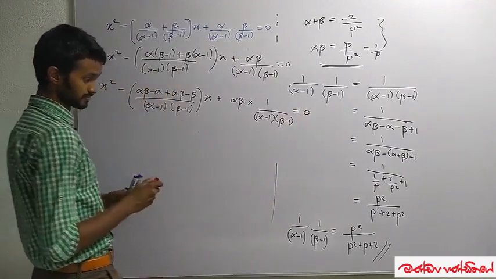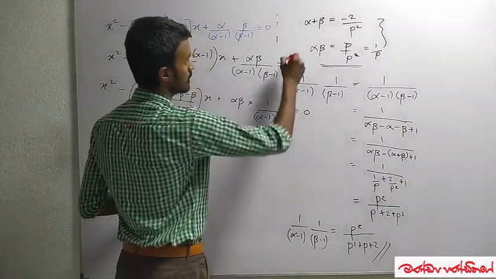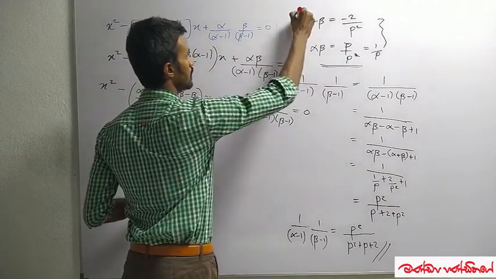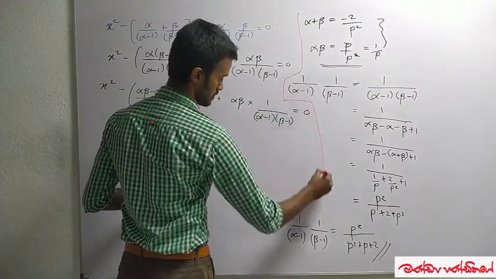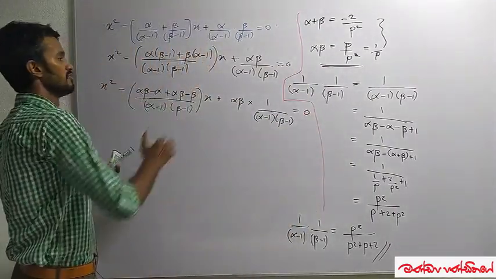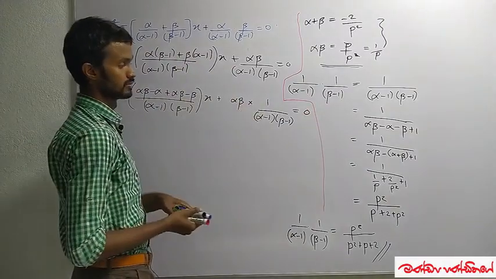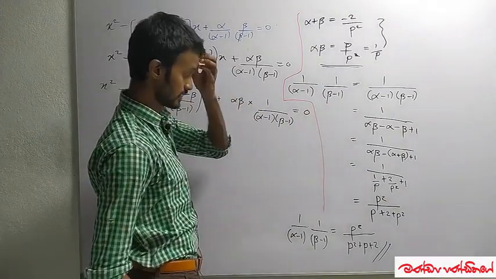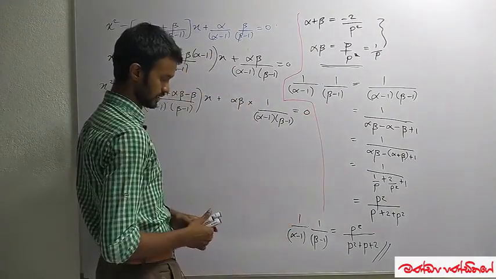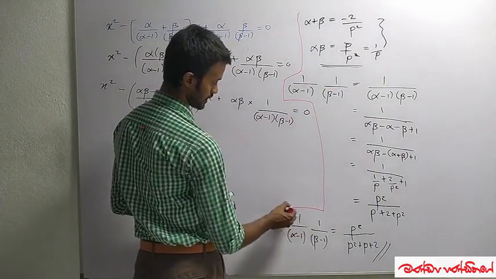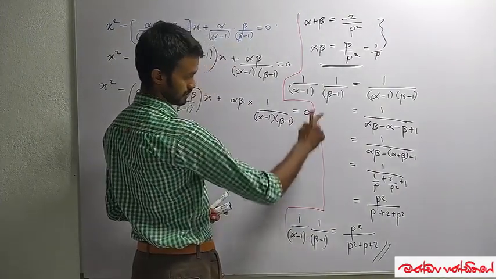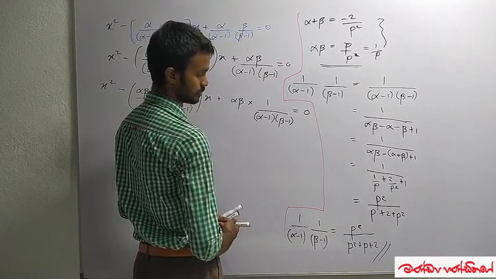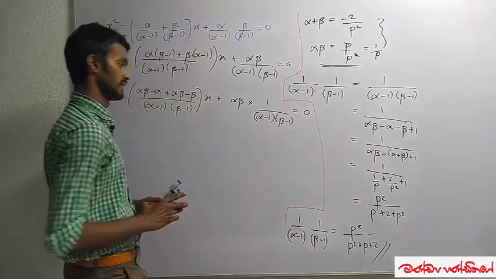Look, I wrote this as alpha beta into 1 over alpha minus 1 into beta minus 1, because I have already taken an equation for it.